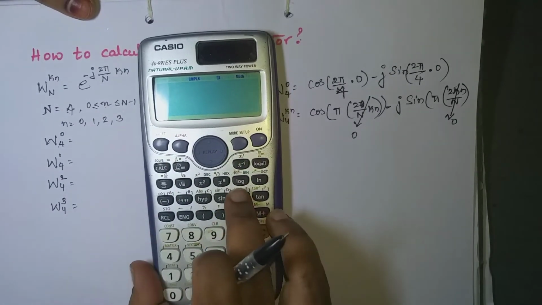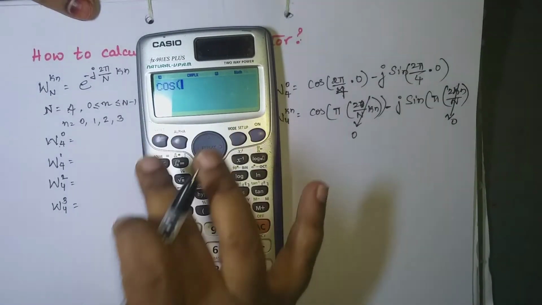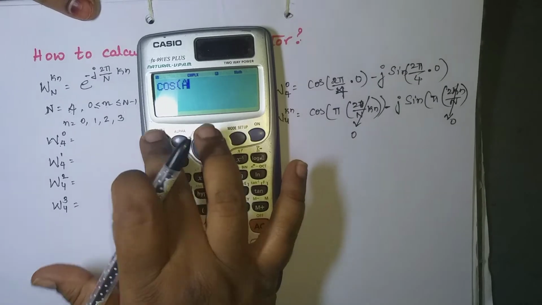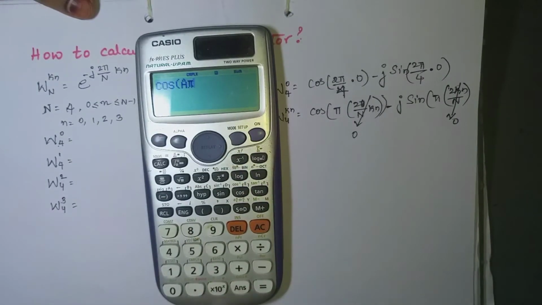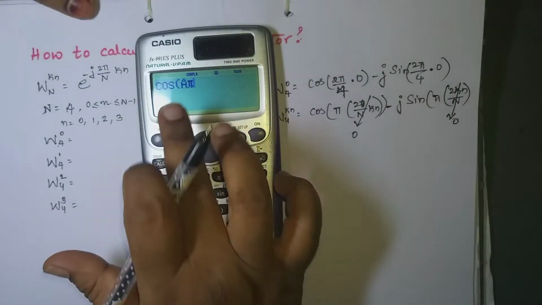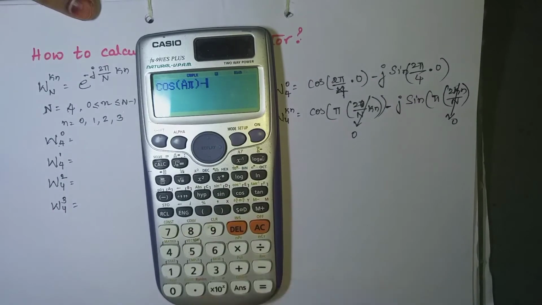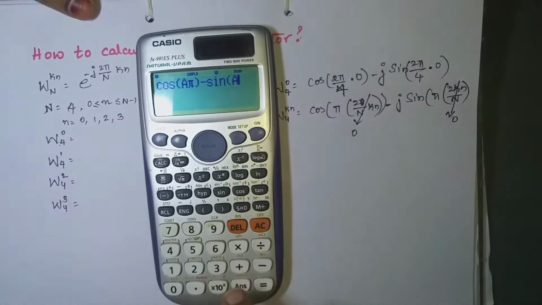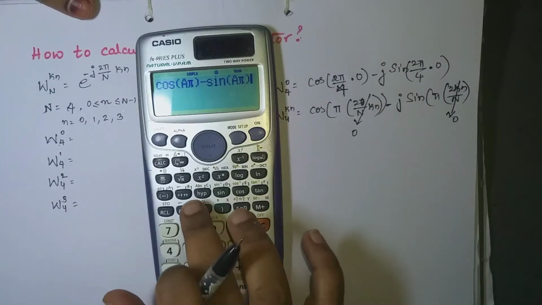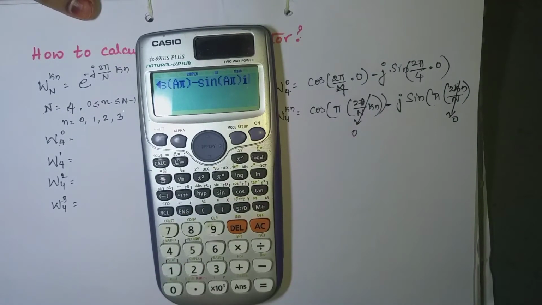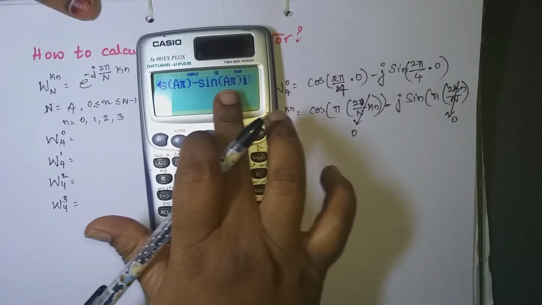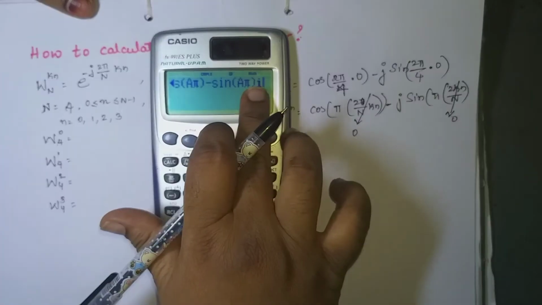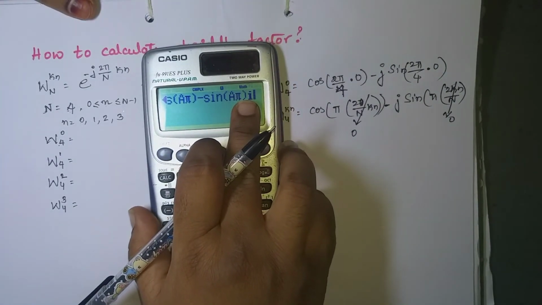First take cos alpha A, shift 10 power x, which will give you pi, minus sine A pi into i. Okay, so now I have typed the equation whatever I require.